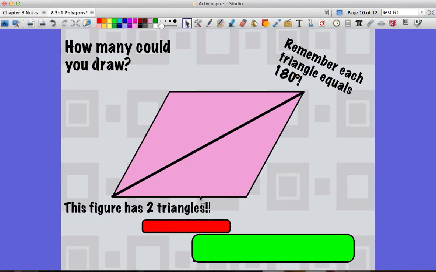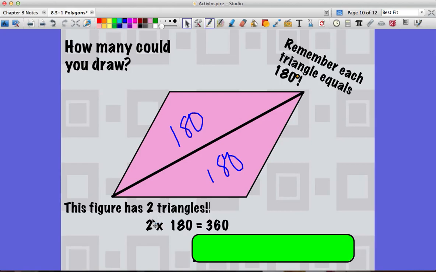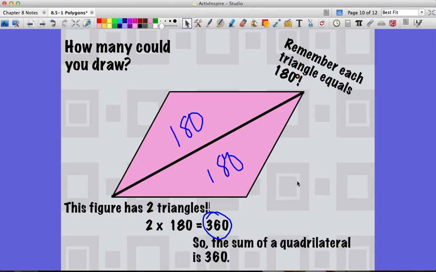It has 2 triangles, and if there's 180 degrees in this triangle and 180 degrees in this triangle, then I know that I can do 2 times 180 and get the number of degrees in my shape, in my polygon. Okay, so the sum of the quadrilateral is 360 degrees. So all quadrilaterals will have 360 degrees inside of them.